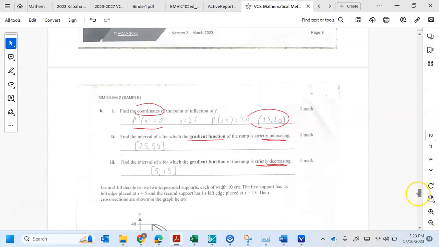When we're doing our domain, we include the values. So it's strictly increasing from 25 to 55, including those values, and decreasing from 5 to 25.